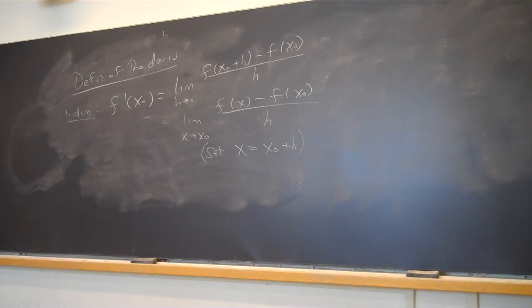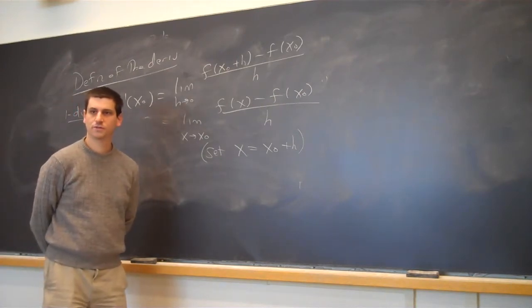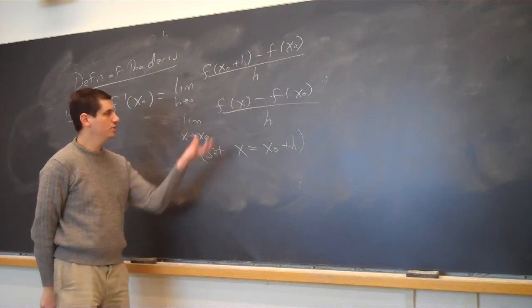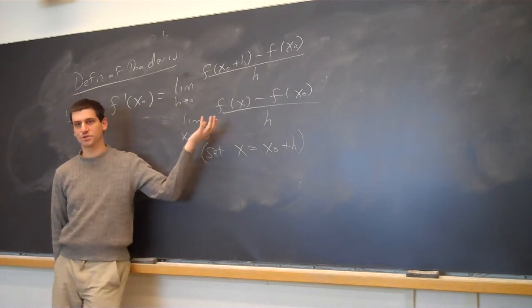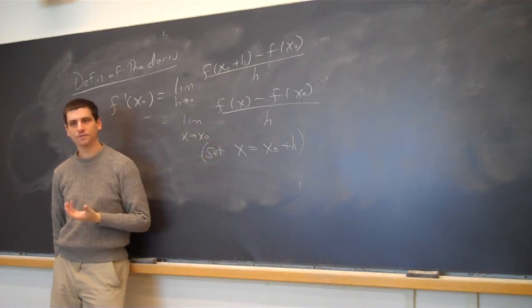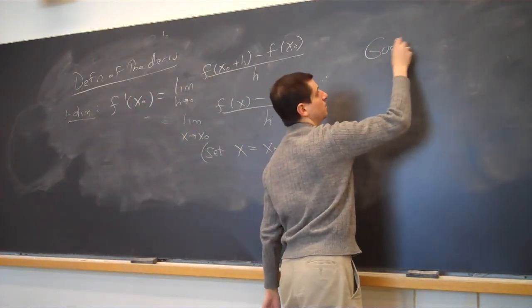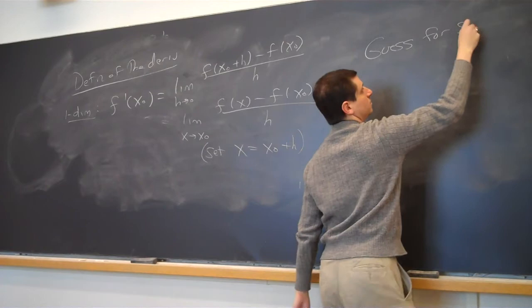I want to know, does this generalize to several dimensions? So what do you think I should do to have this as my definition for several variables? What's the natural thing to try? So, guess for several variables.